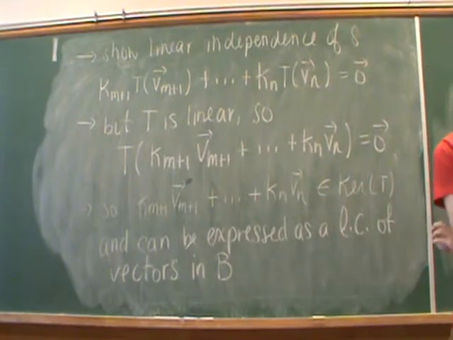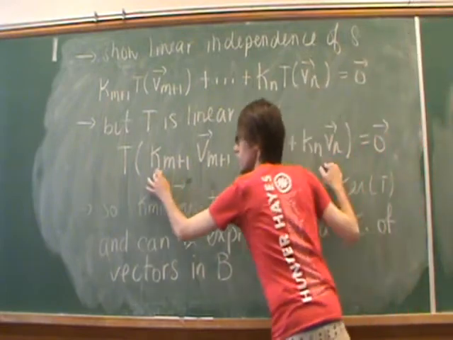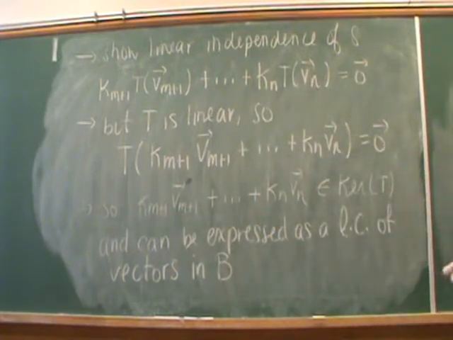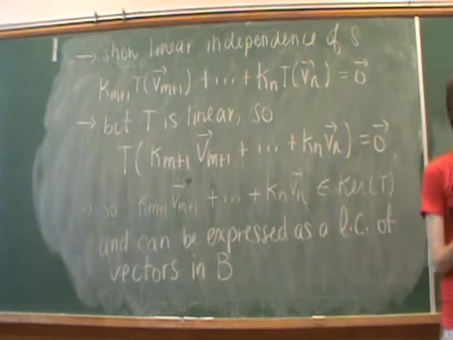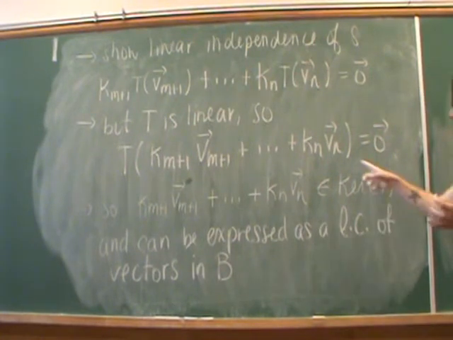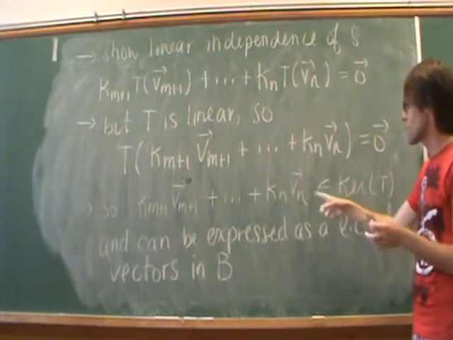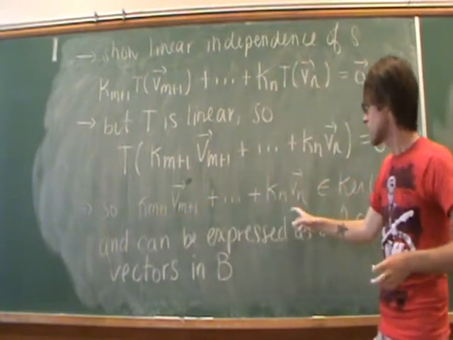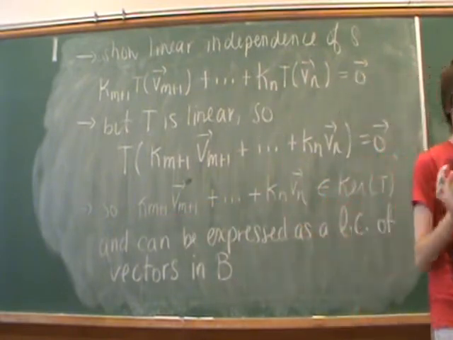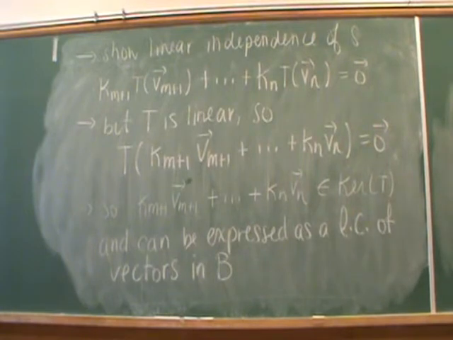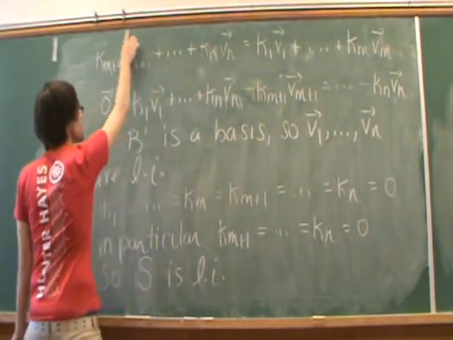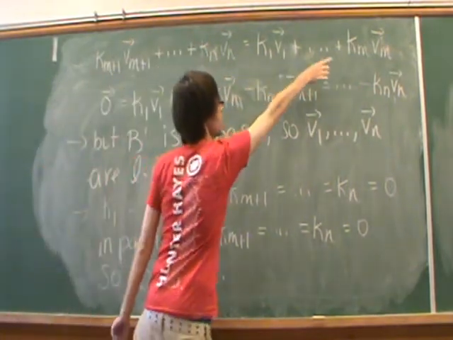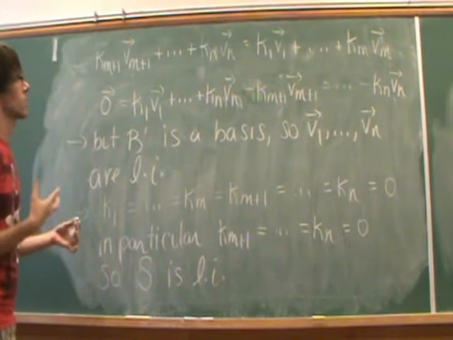So what does that tell us? It tells us that this particular vector gets mapped to the 0 vector of W. That means that this vector is actually inside the kernel of T. Well, if this vector is inside the kernel of T, we can rewrite it as a linear combination of those basis vectors that we started with in B. So I've expressed this vector as a linear combination of the basis vectors of the kernel.